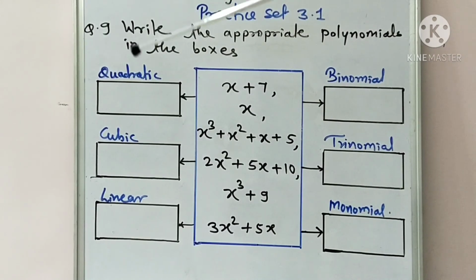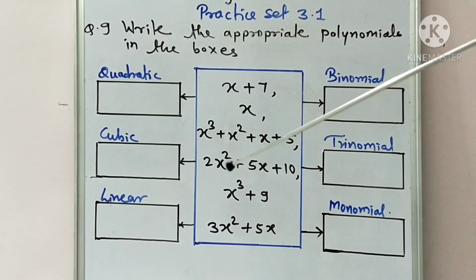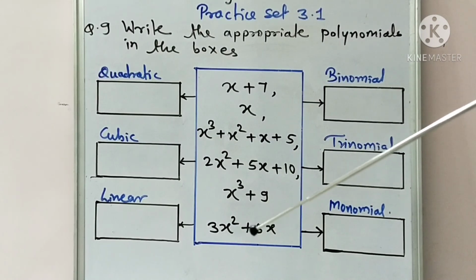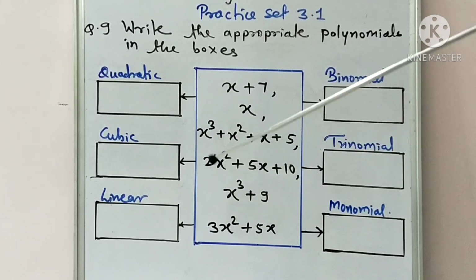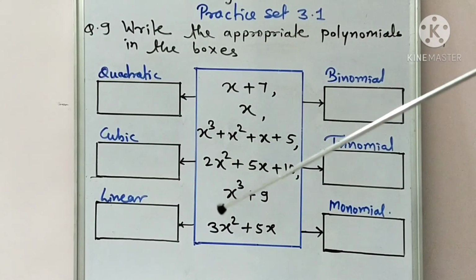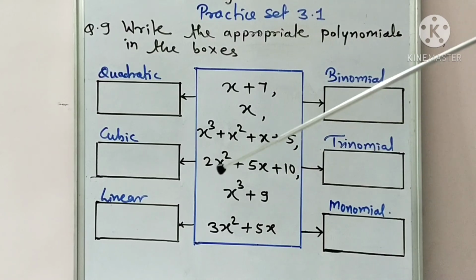Okay, so quadratic means what? If the degree of the polynomial is 2, it's a quadratic polynomial. By these 6 polynomials, as we observe here students, this one, the fourth one and the sixth one, these polynomials have degree 2, so they are quadratic polynomials.